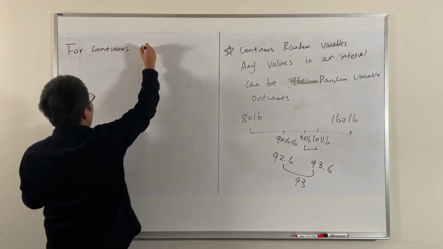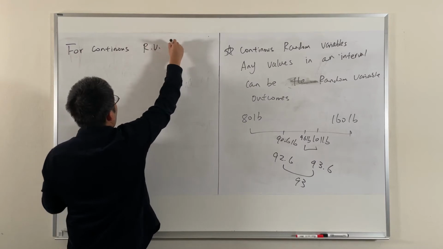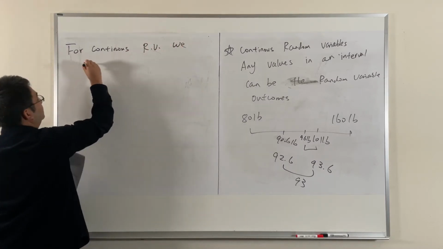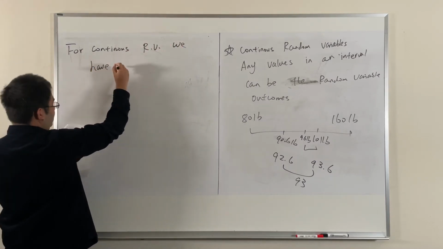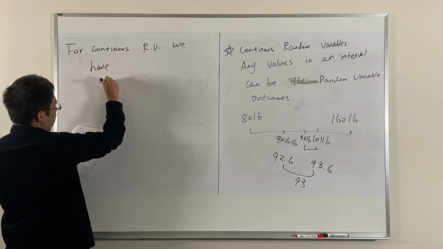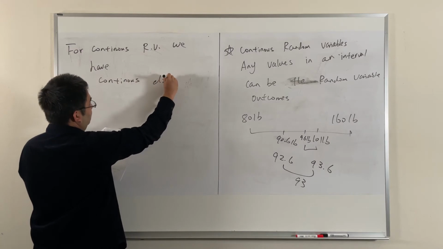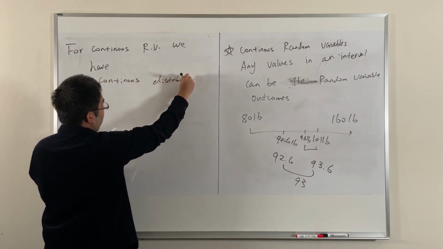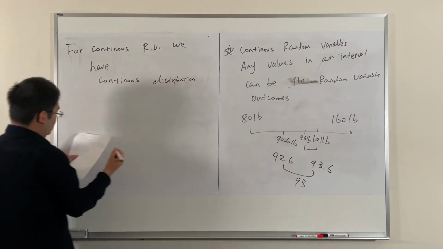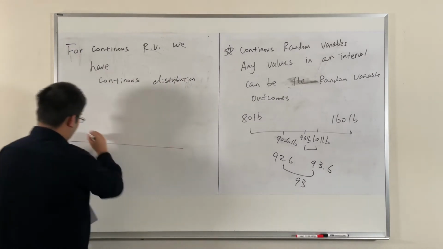So instead, for a continuous random variable, we have what we call a continuous distribution. Now let me just plot one to show you.